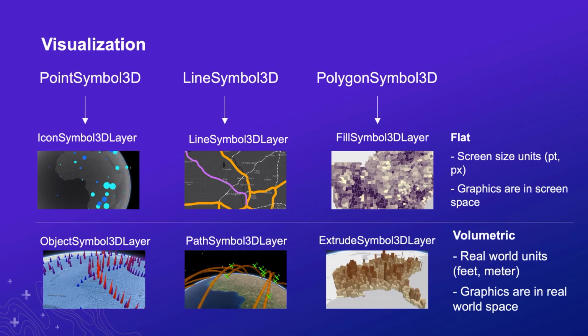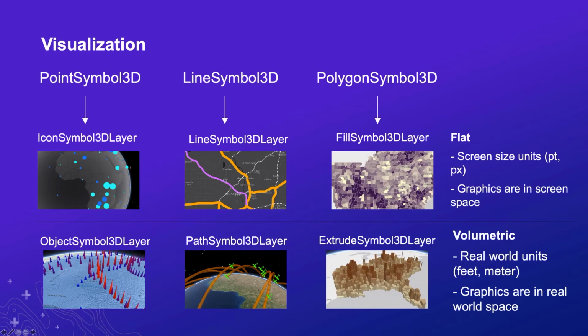So for point symbols, you can have different 3D models, or 3D objects, as we call them. It's actually called an object symbol 3D layer, like cones or cylinders or cubes, or you can even load your own 3D model in there.